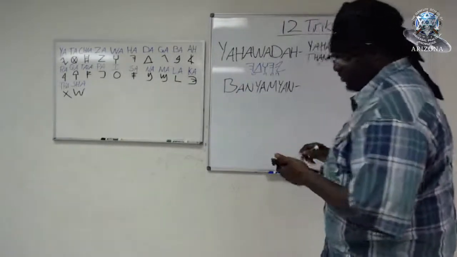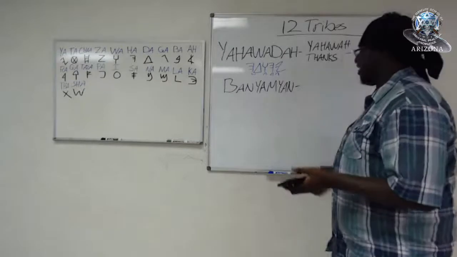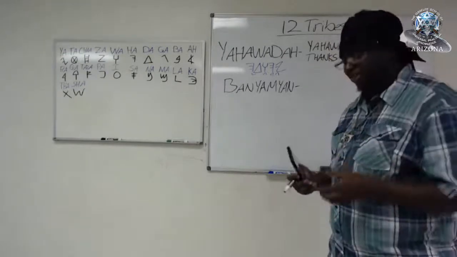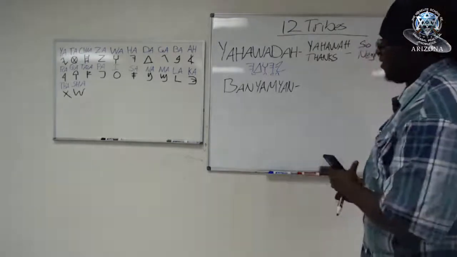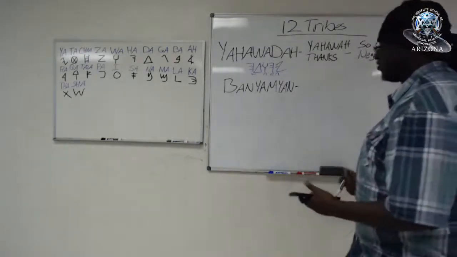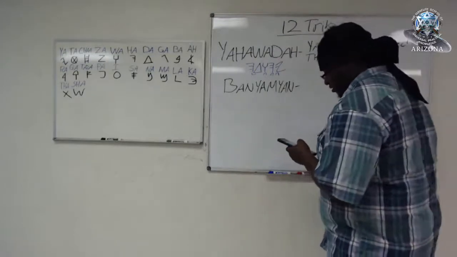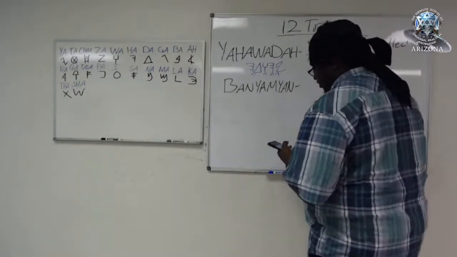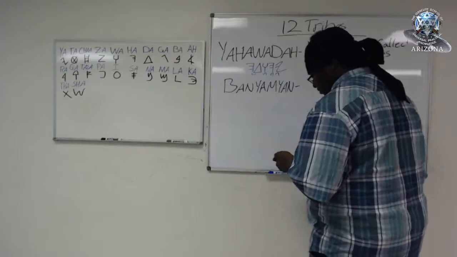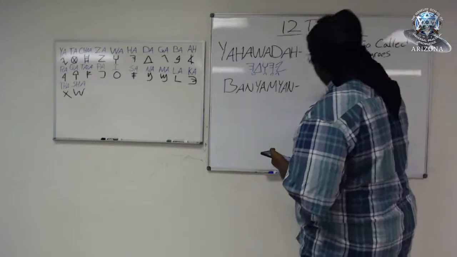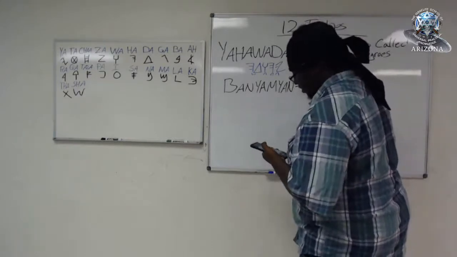It's good to have these refresher topics like the 12 tribes chart, sentences, structures, and things like that, because somebody new is always coming to the truth, somebody always looking for this information. It's for us also to know our 12 tribe chart. So Banyanya means son of the right hand.